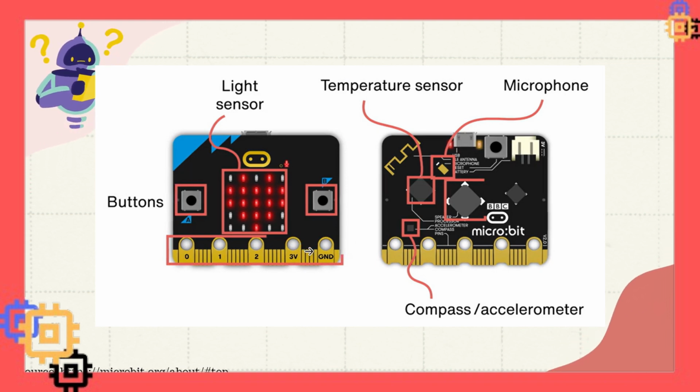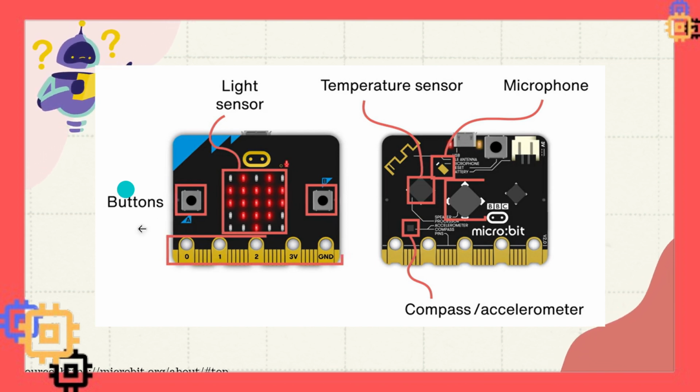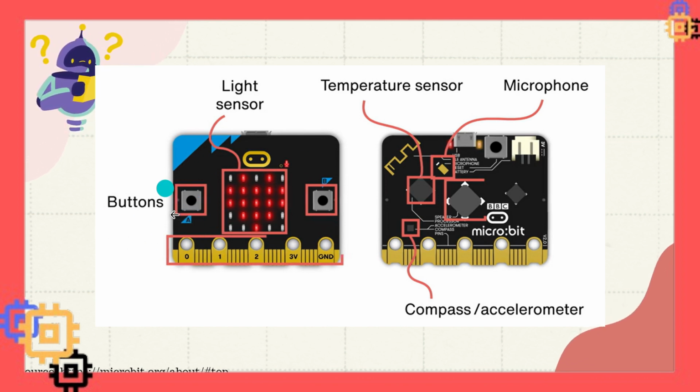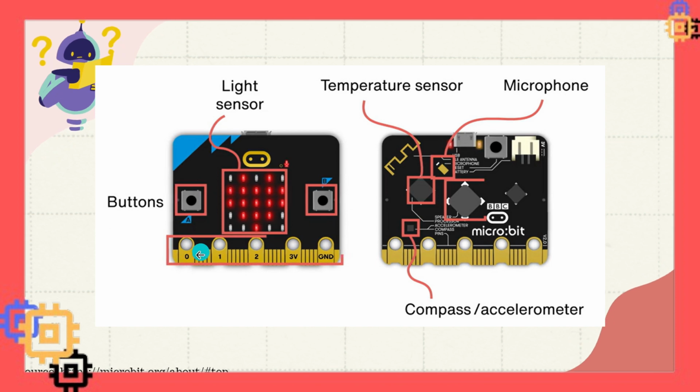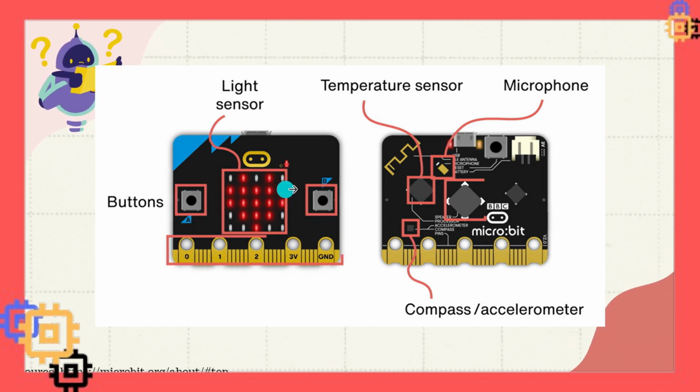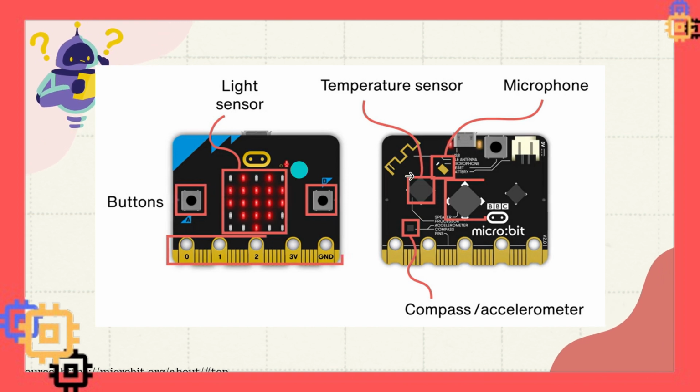Let me explain and show you the micro:bit. In the front you can see a lot of components: the buttons, input A and B, and also pins 0, 1, 2, 3 and ground, and this one is a light sensor.